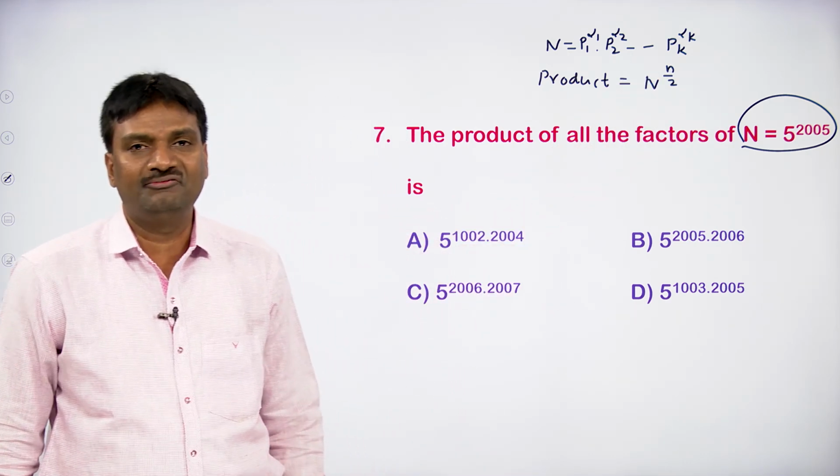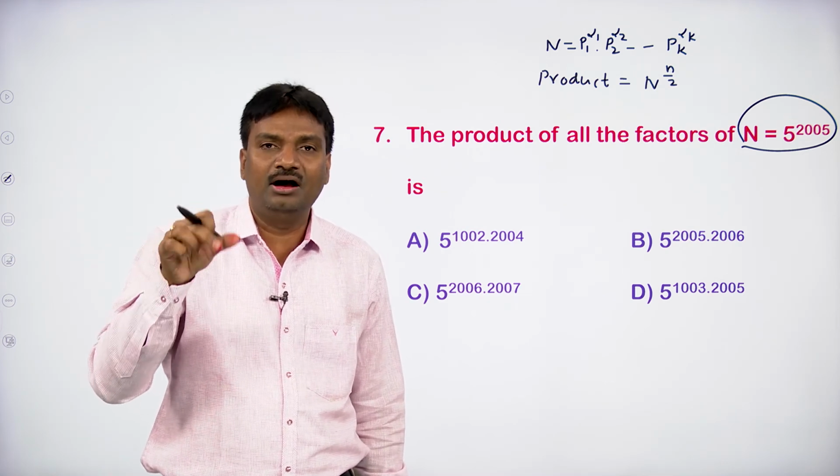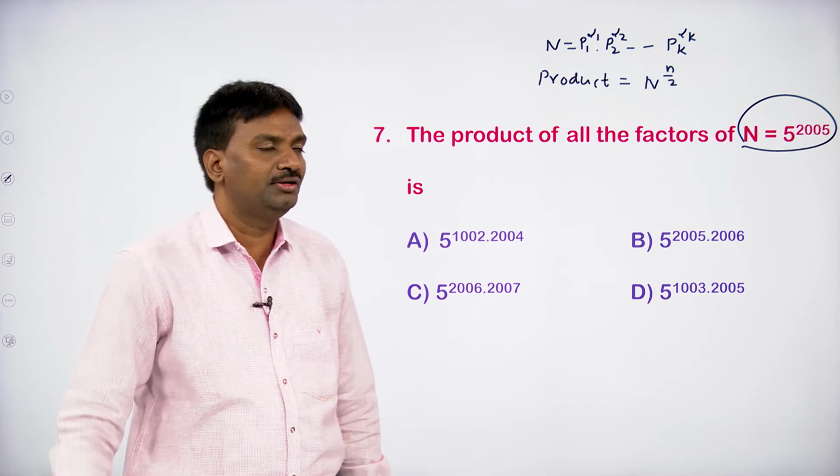The number of divisors of n, d of n, is alpha 1 plus 1 into alpha 2 plus 1 into alpha 3 plus 1 and so on.